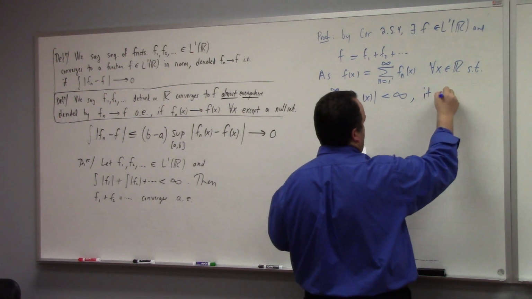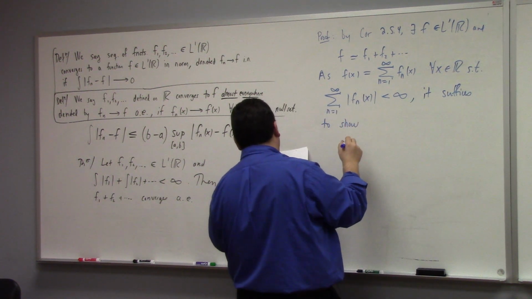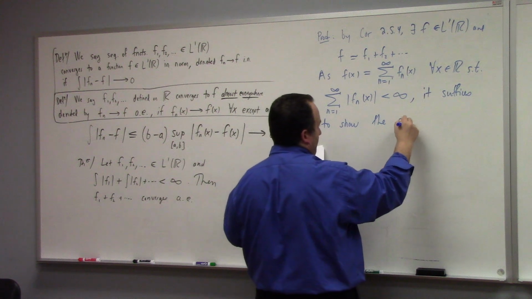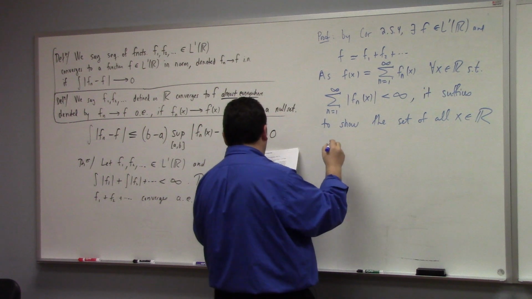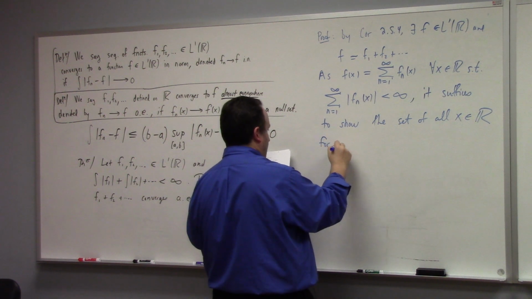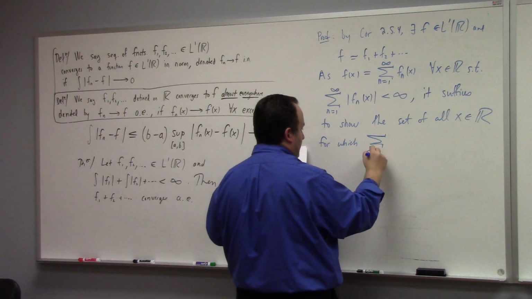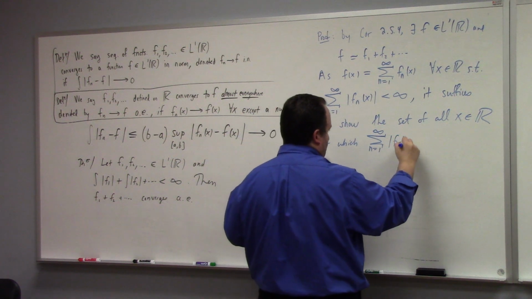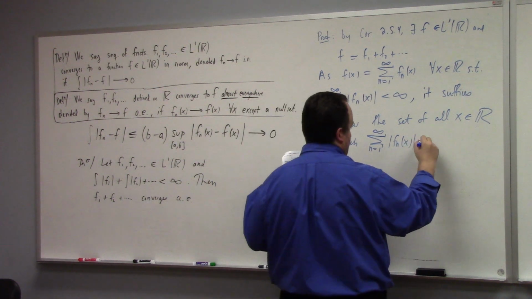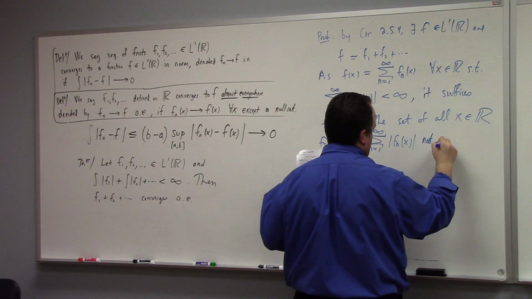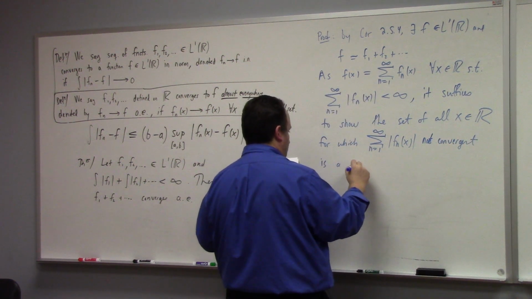It suffices to show the set of all x in R for which the sum n equals 1 to infinity of the absolute value of f_n of x is not convergent is a null set. Okay, great.